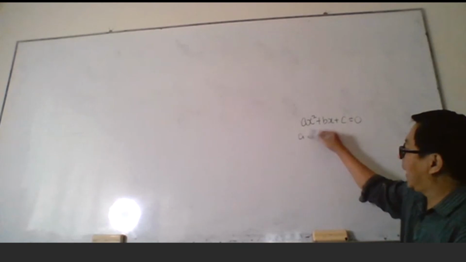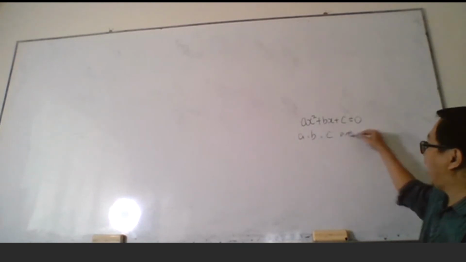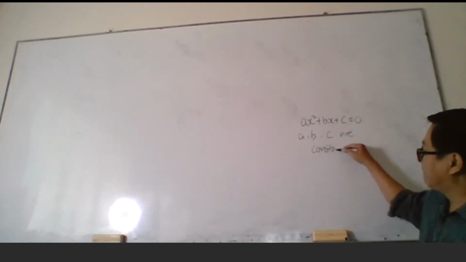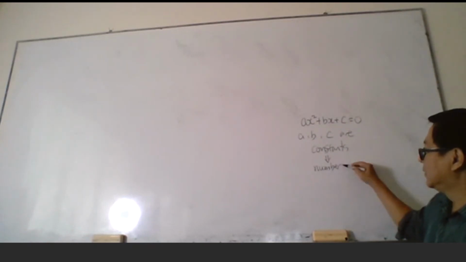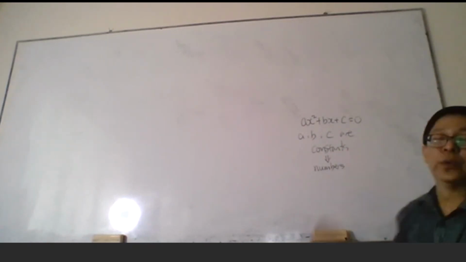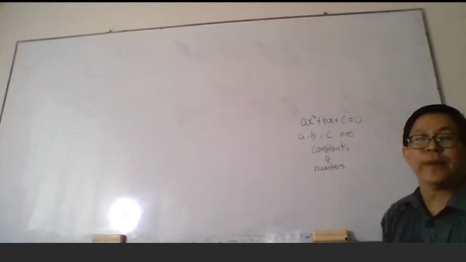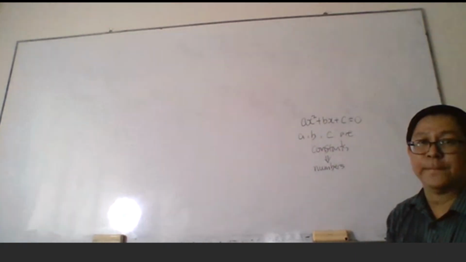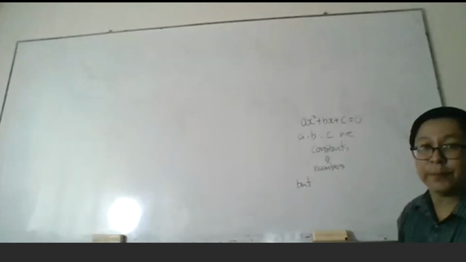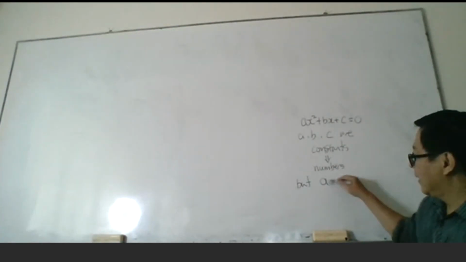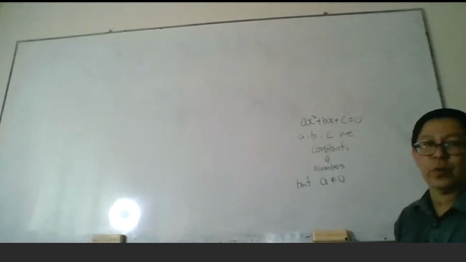And a, b, c are constants. Constant refers to a number. They can be positive numbers, they can be negative numbers. But there's a restriction that a cannot be 0.